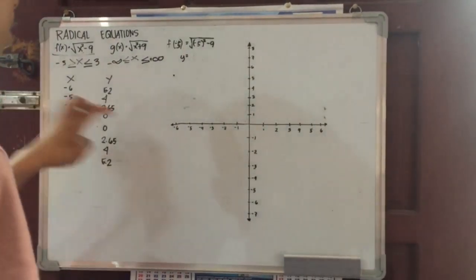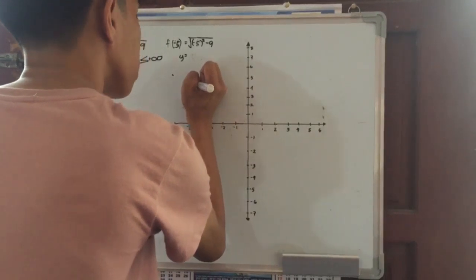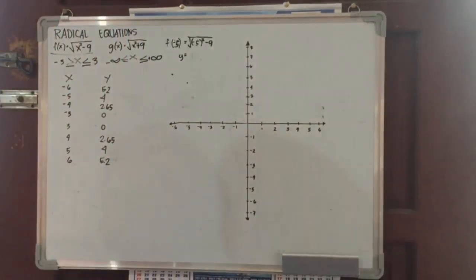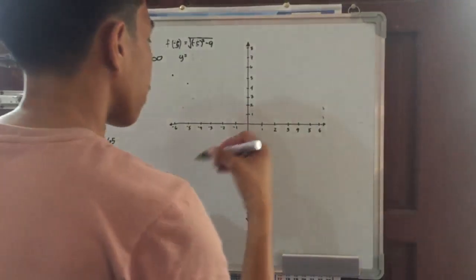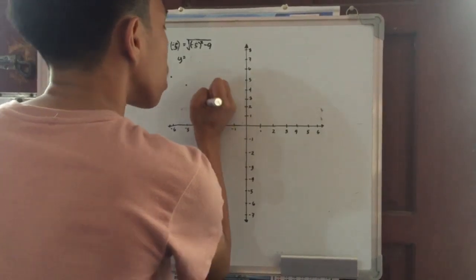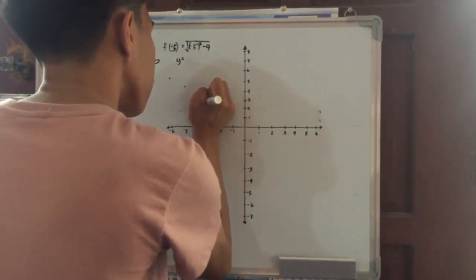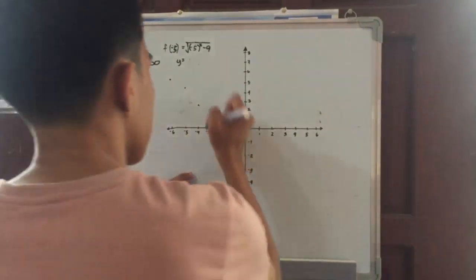Then negative 5 and 4, second quadrant. Negative 4 and 2.65, approximately here. Negative 3 and 0. It's here.